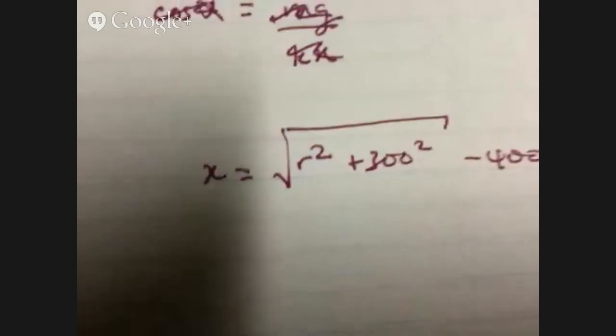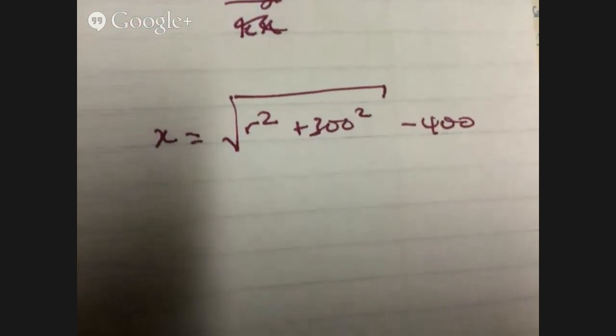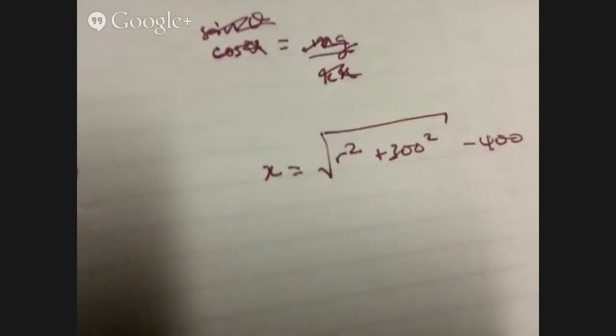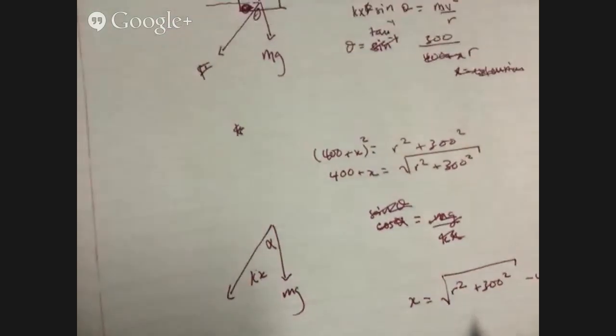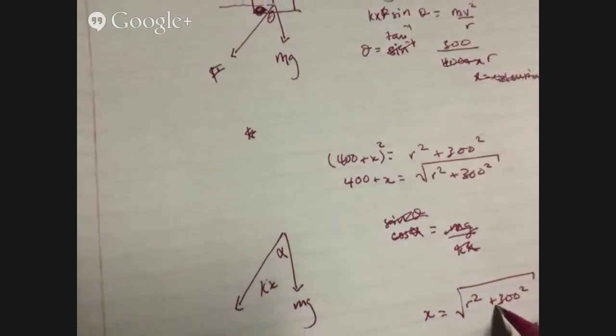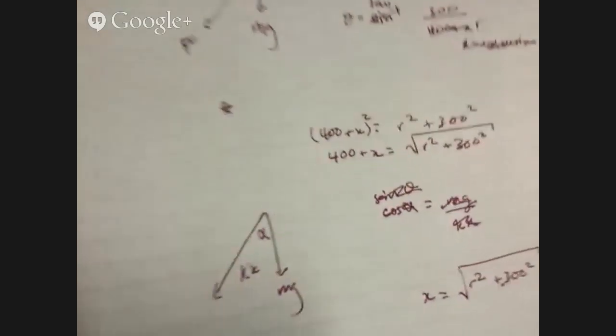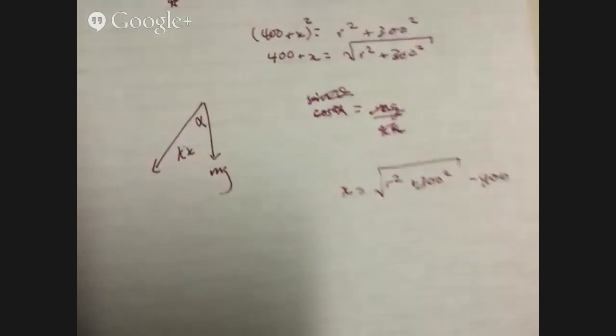I cannot see it. Okay, that's fine. Make sure that you're converting into the right units, because it should be r squared plus 0.3 or something. So you get it all in consistent units.